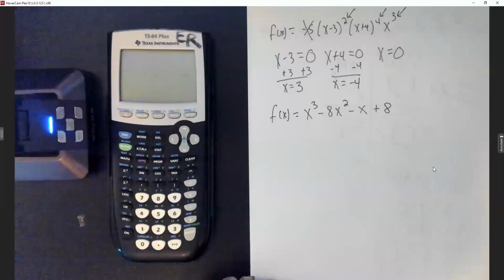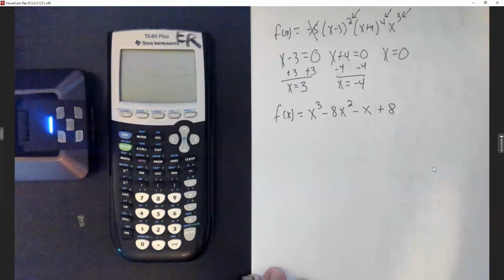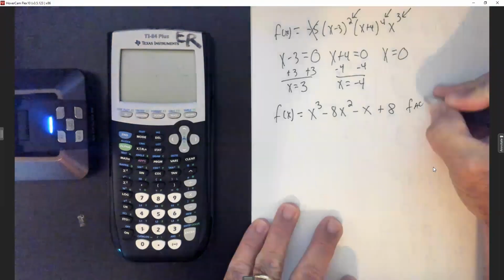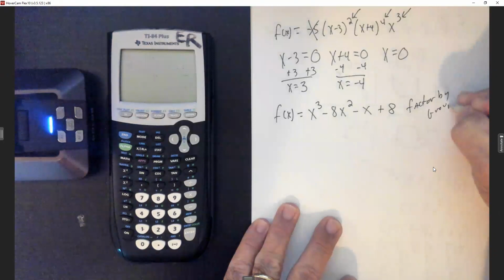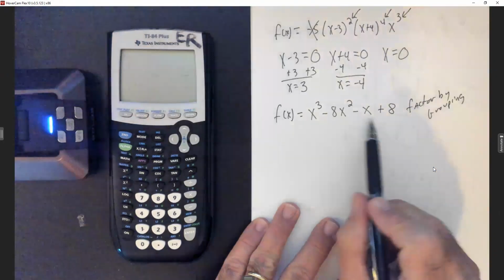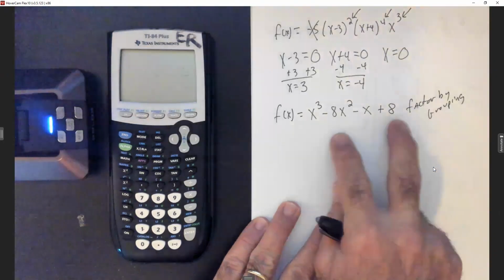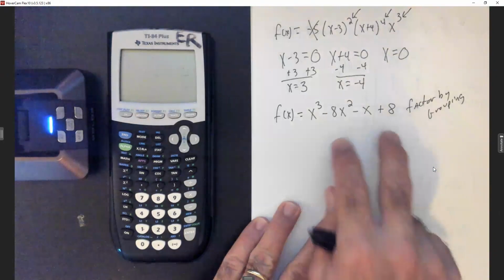Now, if y'all had foundations, y'all probably were good at this problem because y'all factored by grouping. And the way I'm going to solve this is factor by grouping. And you got to do that because you got 4 terms and you don't have any of them that are like terms. So the only way to factor this is by grouping.